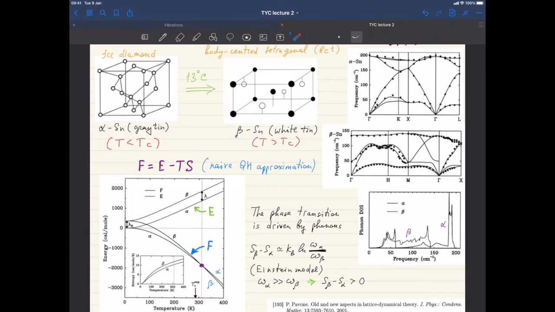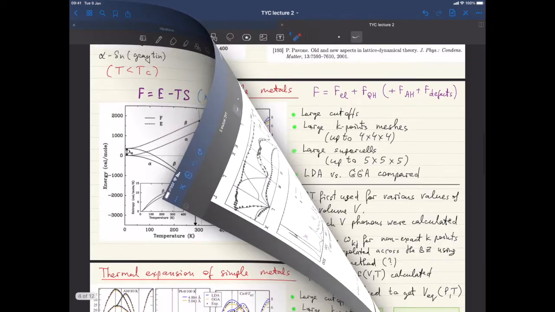Before that temperature, alpha-tin has lower free energy, as it should. After that temperature, beta-tin has a lower free energy, so it is the most favorable structure. So here in this paper, they also use the naive quasi-harmonic approximation. So only once at zero temperature the vibrational calculation was performed, and then the vibrational frequency was fixed, and the free energy was calculated at different temperatures.